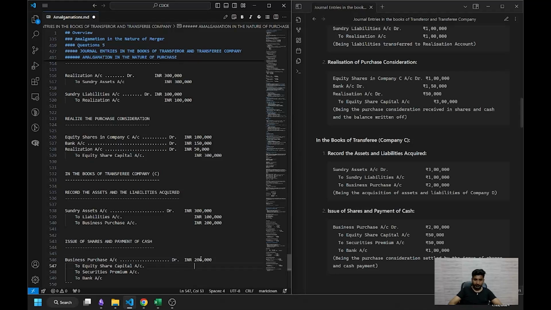That is rupees 2 lakhs, rupees 50,000. Security premium will also be rupees 50,000, and the bank account will be rupees 1 lakh.